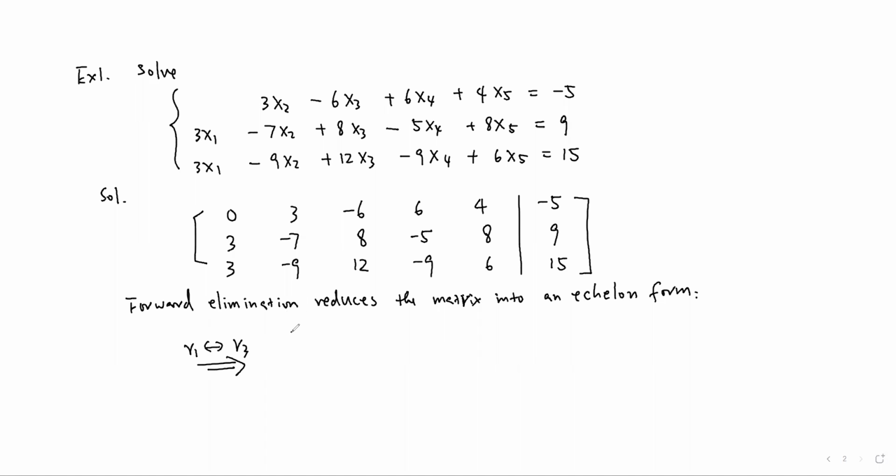Then I get 3, -9, 12, 6, 15, 3, 7, 8, -5, 8, 9, 0, 3, 6, 6, 4, -5.